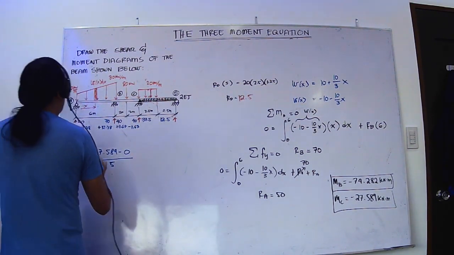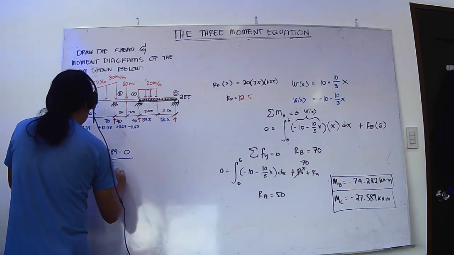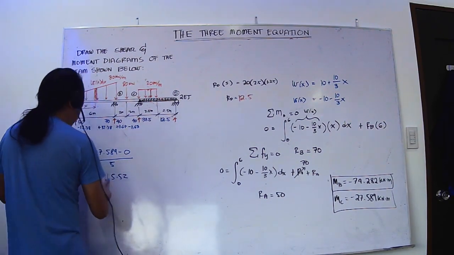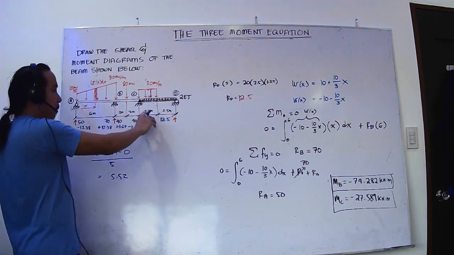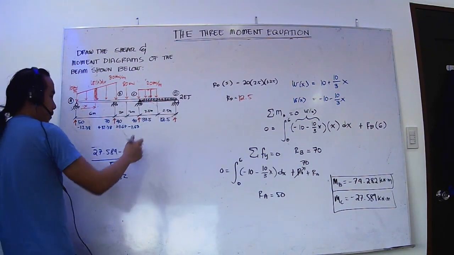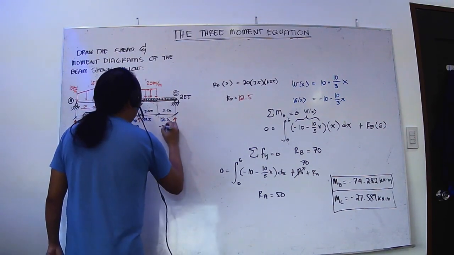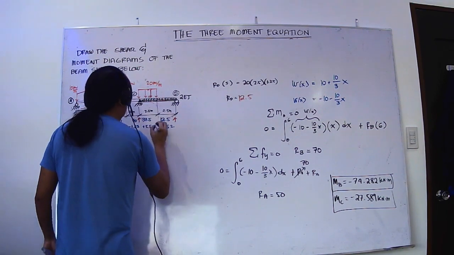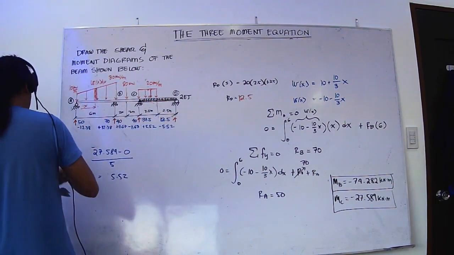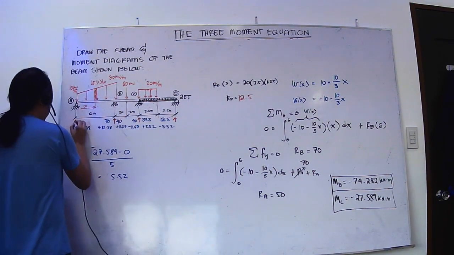That should be equal to negative 5.52. The moment is stronger on this side versus 0, so it's obvious that this one is minus 5.52 and then plus 5.52.